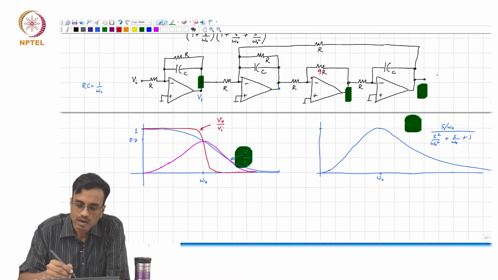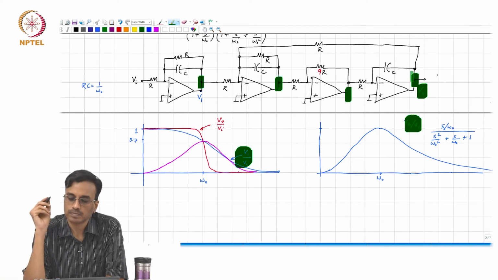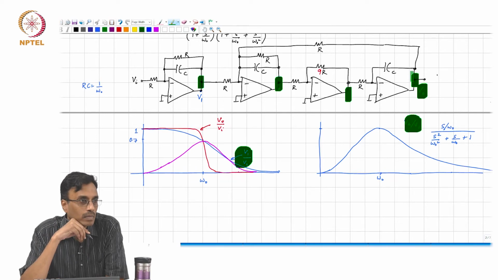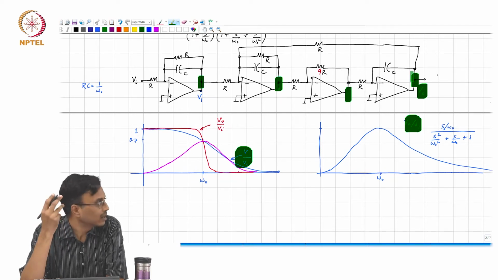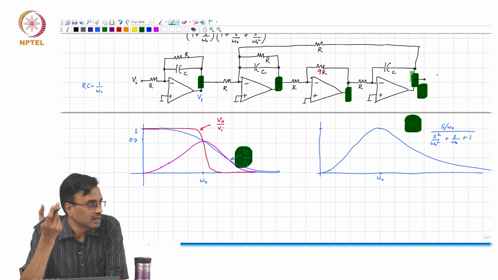Before I put that 9, what is the transfer function from here to here? One upon SCR. What is the transfer function now? 9 upon SCR. So it is equivalent to taking that original integrator and reducing one of the capacitors by a factor of 9. All right.